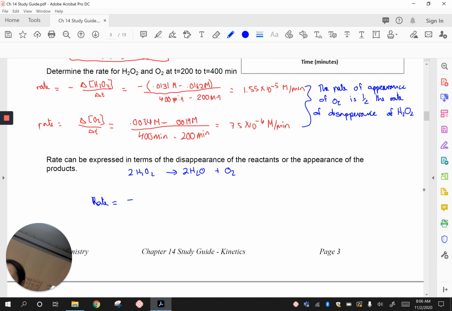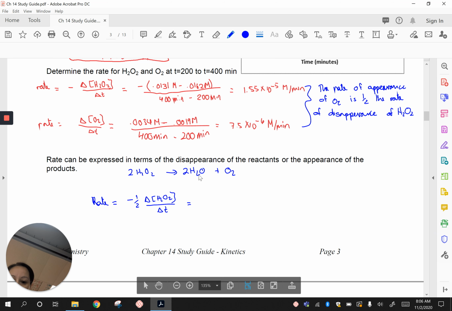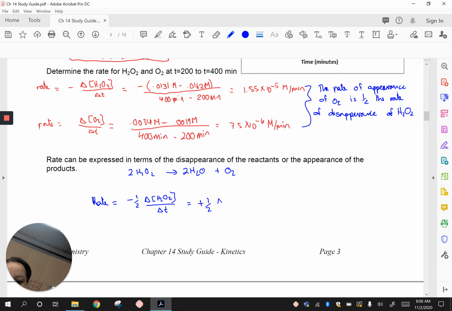So this one is half change in the H2O2 over delta T is equal to, for the H2O, this is a product, so we use positive, and we do 1 over the coefficient, so half change in the concentration of the H2O over time.